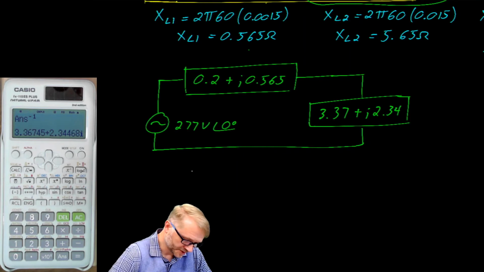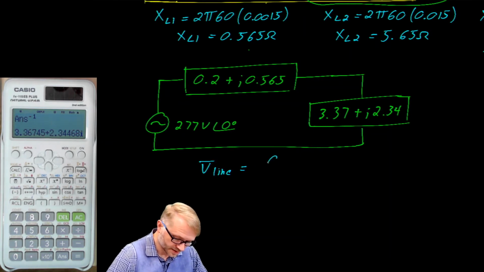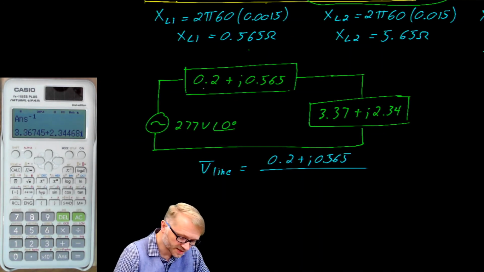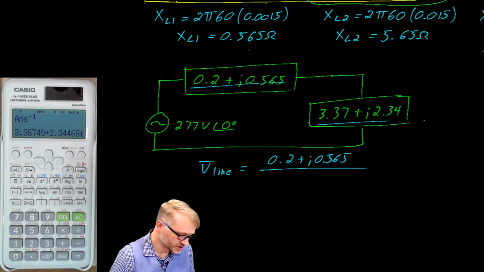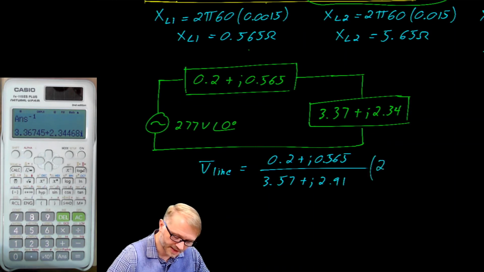Using that voltage divider, the voltage on the line is the impedance of interest, which is this piece here, 0.2 plus j0.565, over the total series impedance, which is the summation of these two, 3.57 plus j2.91, and all that's multiplied by the source voltage.